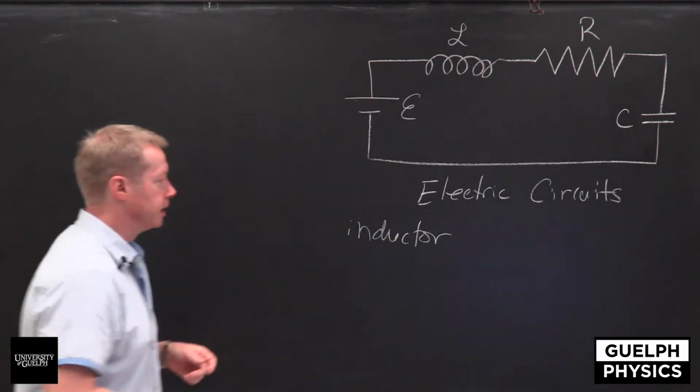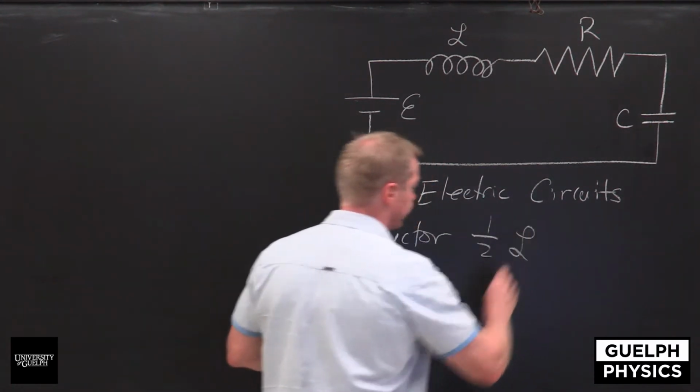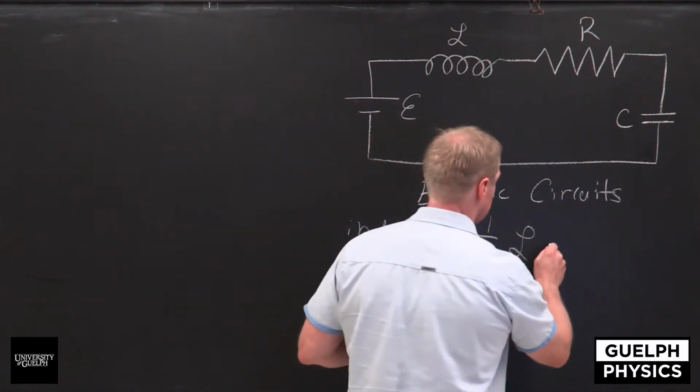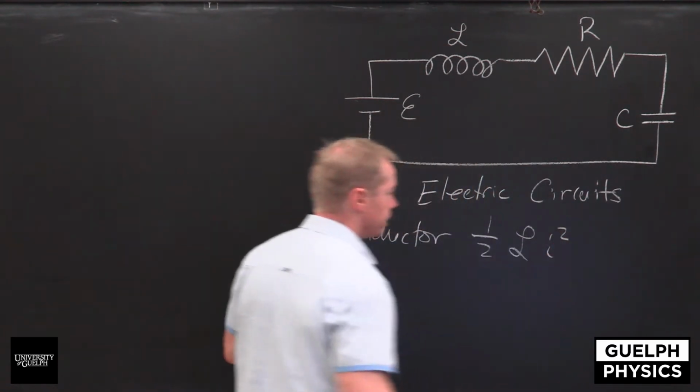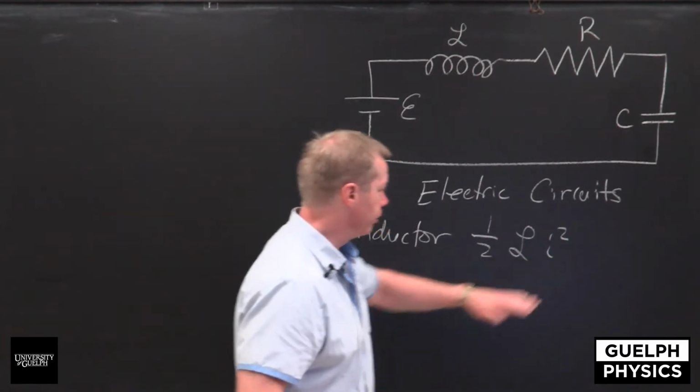So if we look at an inductor, it has an energy of 1/2 L, the inductance, times the current squared. So I'm going to use the little I for the current.